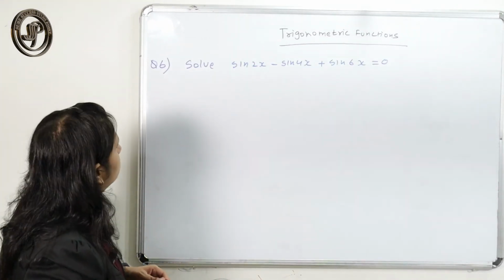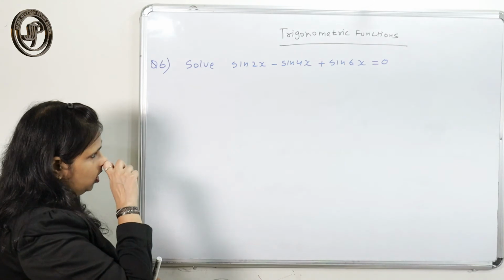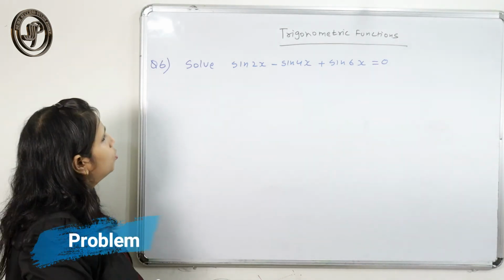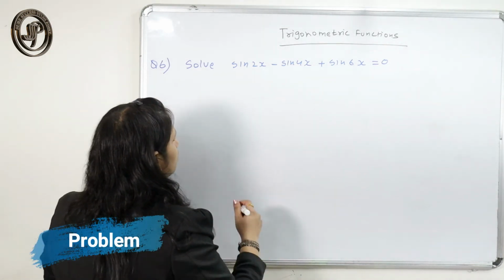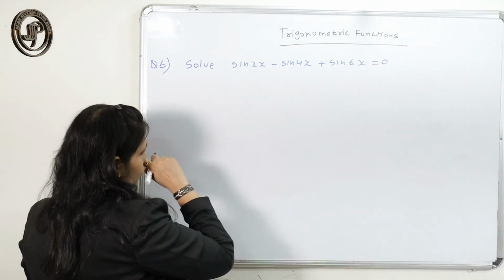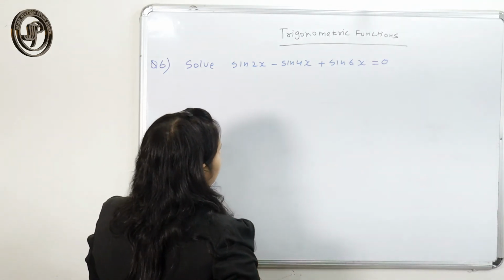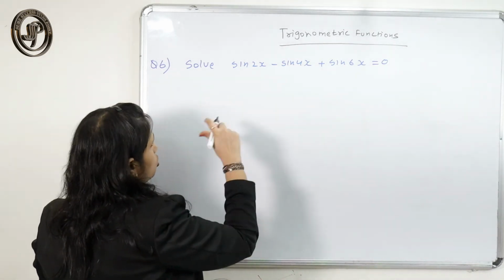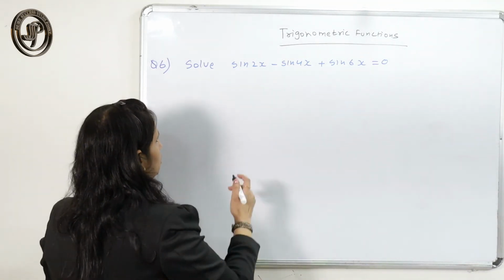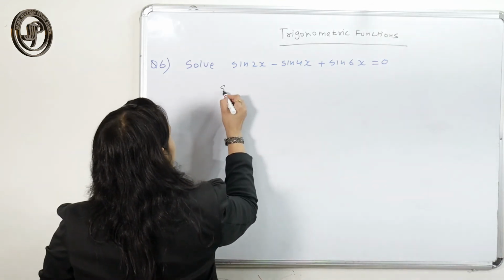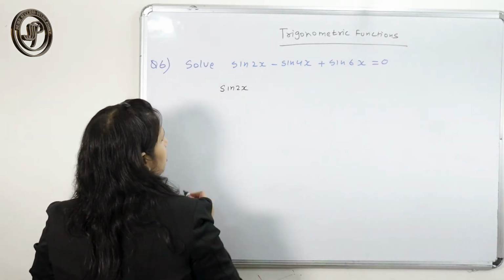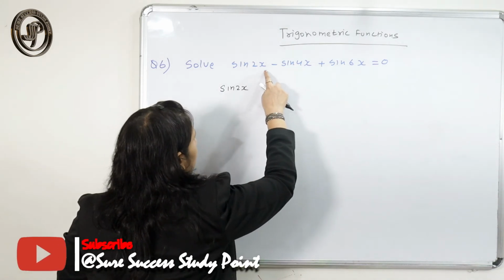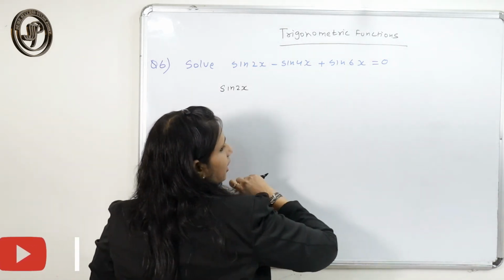So here we have to solve this trigonometric equation. So how can we solve this? First we have to make the grouping. So how can we make the grouping? Which 2 groups should I consider first? So here I take the grouping in such a way that it is sin 2x and sin 6x, right?